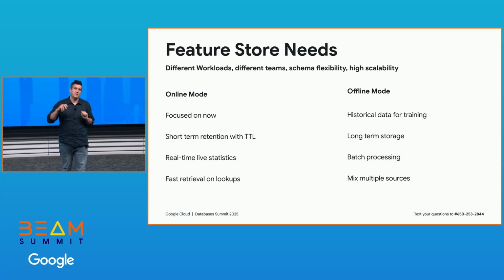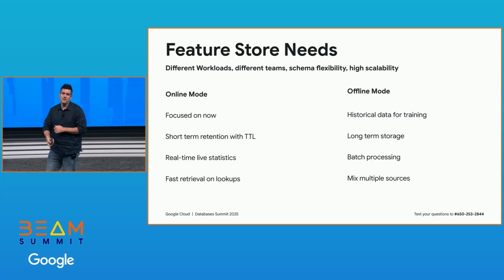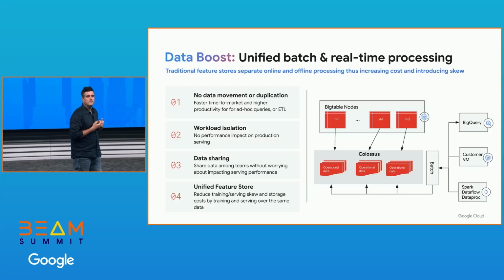But you also want to build those batch features, so there's often this offline mode where you have historical data that you need for training, and you want long-term storage done pretty cheaply, or batch processing. And you might want to mix a lot of different sources within that for your batch features.